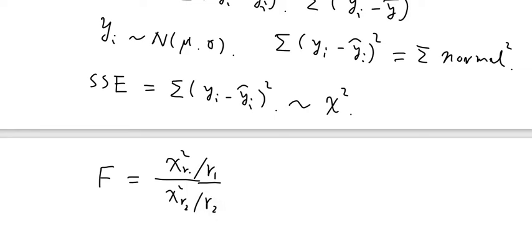We just standardize, right? So basically, or roughly, we can say the F distribution is just a chi-square distribution over another chi-square distribution.